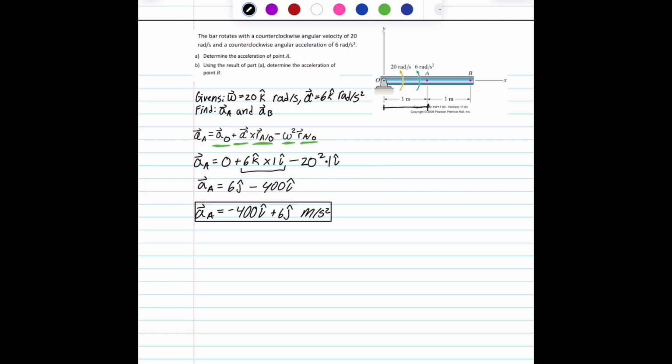Now we need to find the acceleration of point B with respect to the acceleration of point A, which we just found to be that. We need to relate point B to point A, so using that same equation as before, except instead of A we have B, and instead of O we have A. That's how you rewrite it.